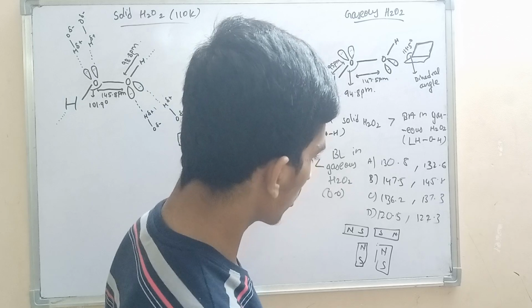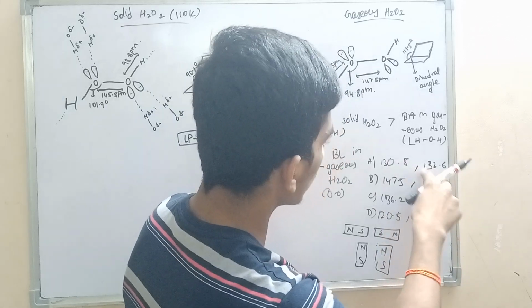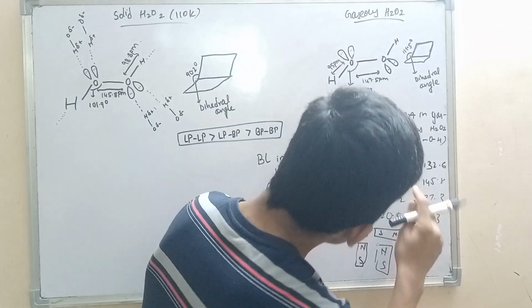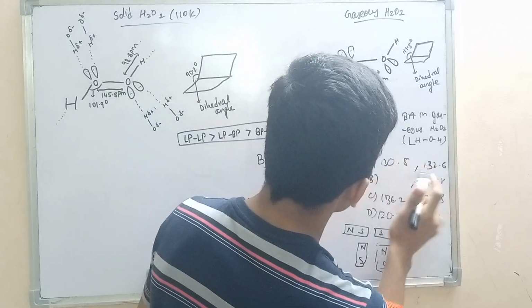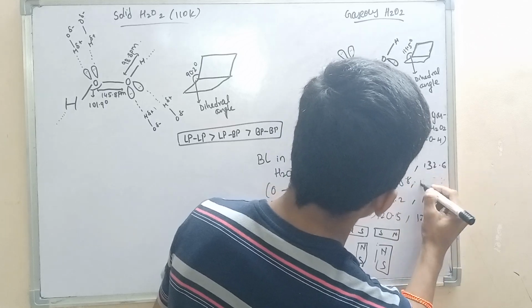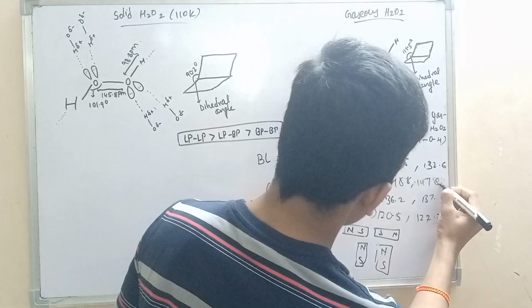I know that the bond length in solid H2O2 is less than the bond length in gaseous H2O2. Which options are there? All the options are like that only. See, solid H2O2, gaseous H2O2, less than. Hey, don't worry. Let's replace it. 147.5. Don't think 8.